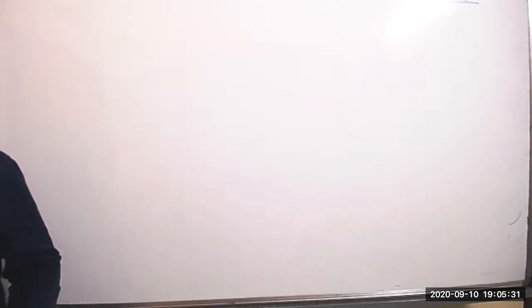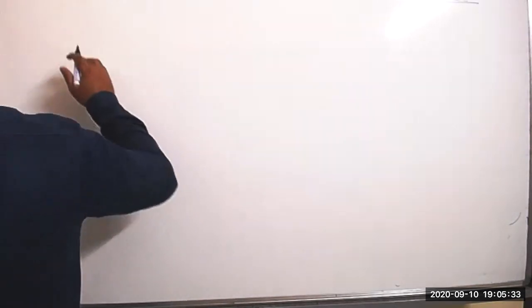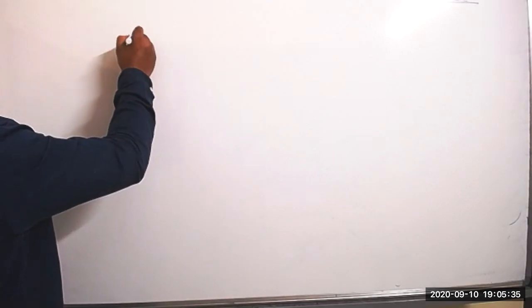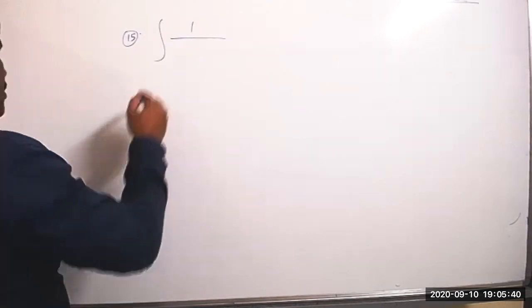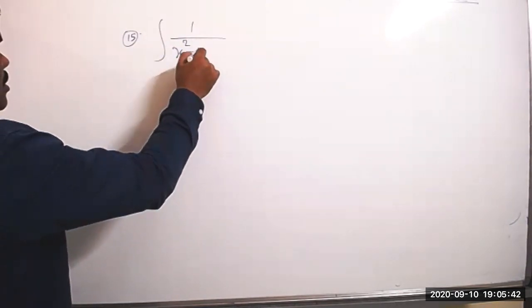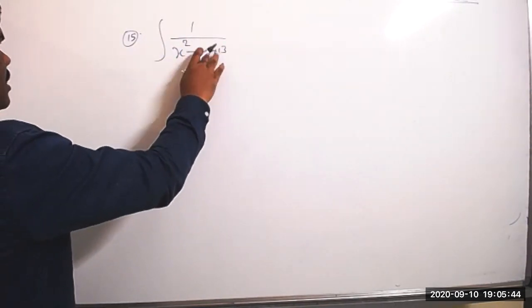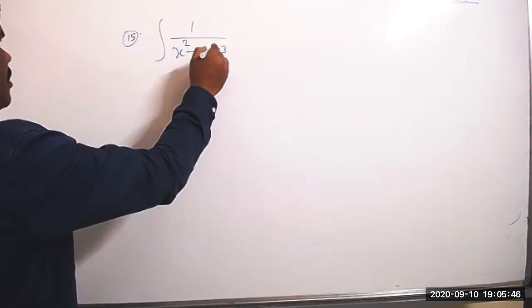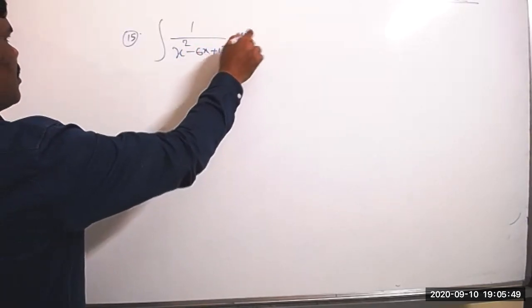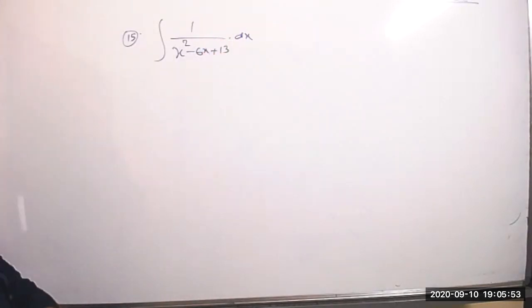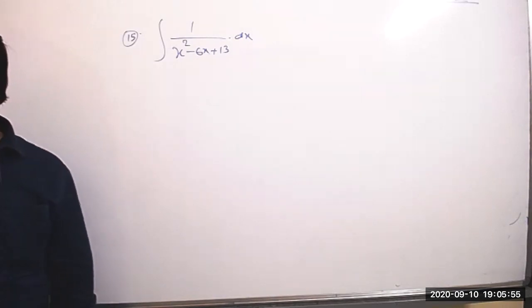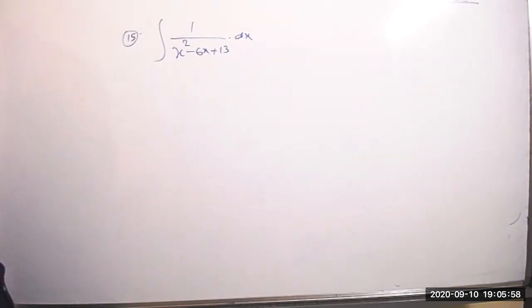Right now, integration of 1 by x square minus 6x plus 13 into dx. This is the problem now. How to solve this? It is the same thing only.